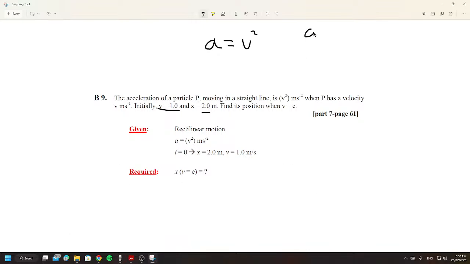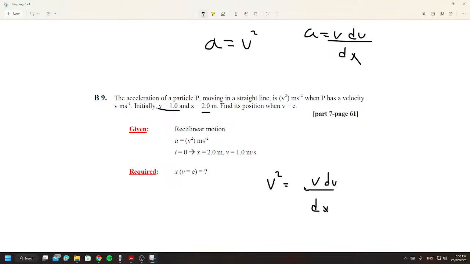So a equals v dv over dx. V squared, which is a in this case, equals v dv over dx.